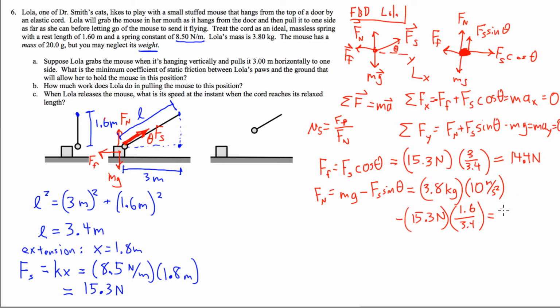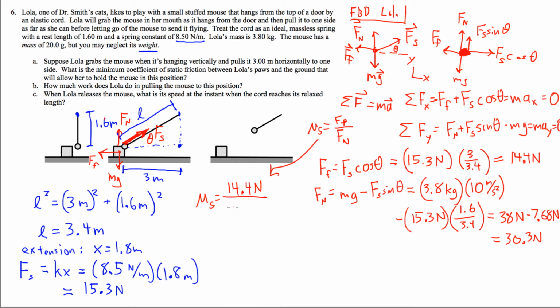So this is going to be 38 newtons minus 7.68 newtons. Is that right? Wait a minute. Oh, yeah, it is. So 38 minus 7.68 is 30.3 newtons.